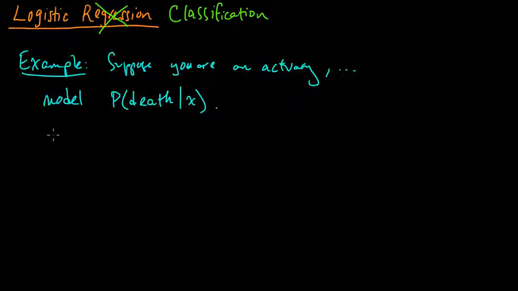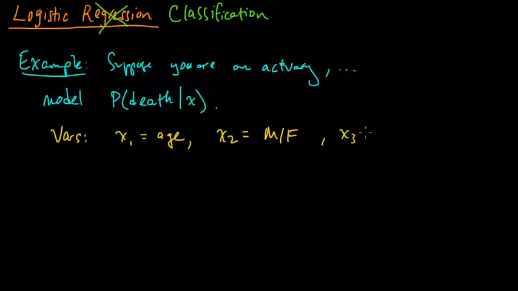Let's say that x is telling you three things. x1 is the age of a person. x2 is whether they are male or female, I will just put M or F. And x3 is the cholesterol level of the person. That should be a good indicator.